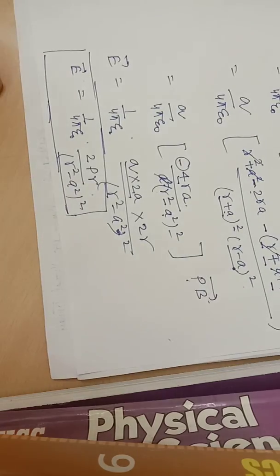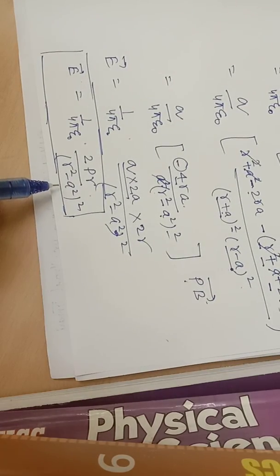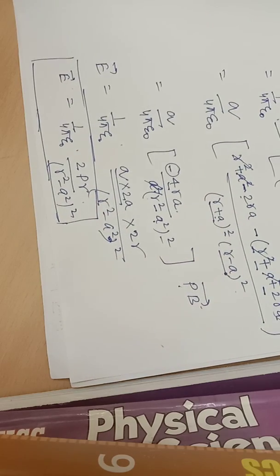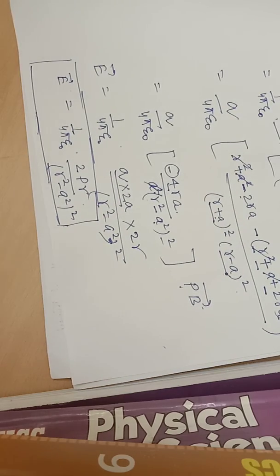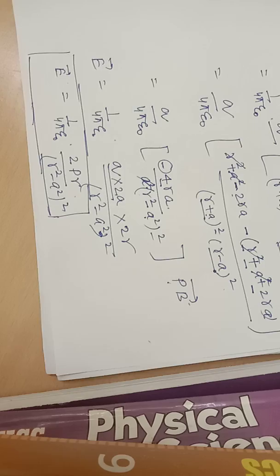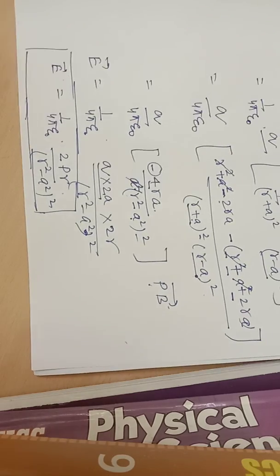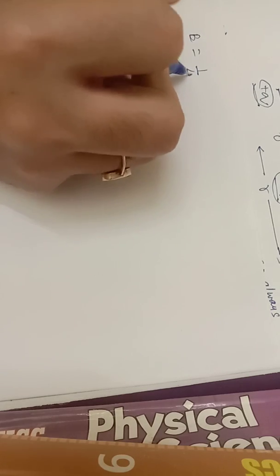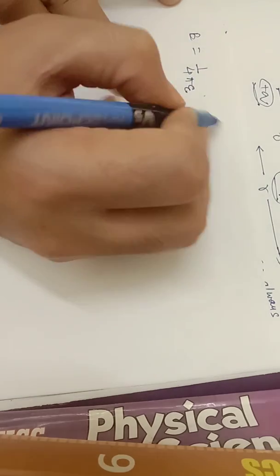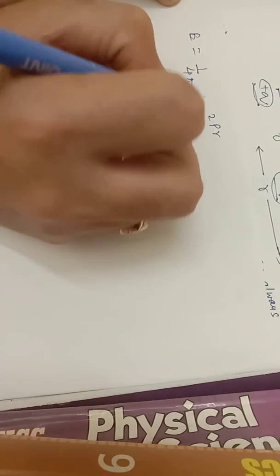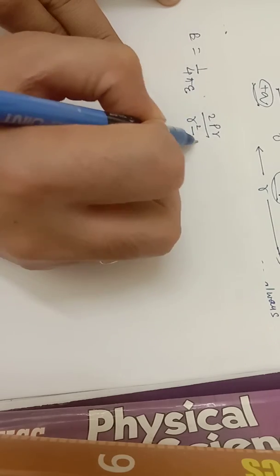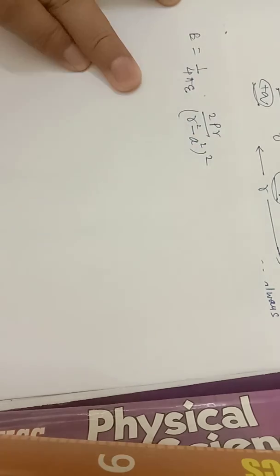Some special cases are also there. If A is very small, or if A is quite large, then something may differ. I am writing the same formula: E is equal to 1 upon 4 pi epsilon naught, 2PR upon R square minus A square the whole of square.